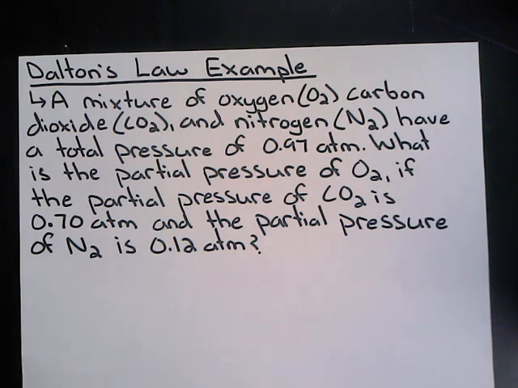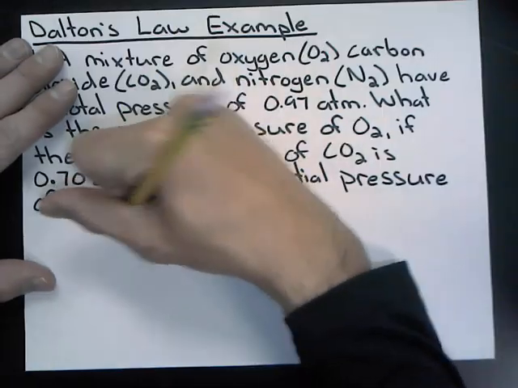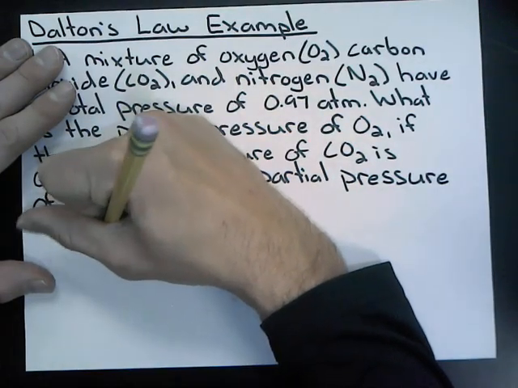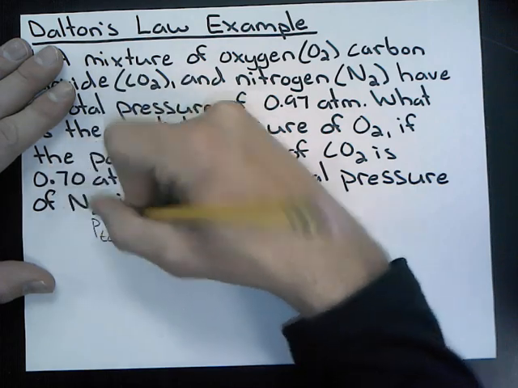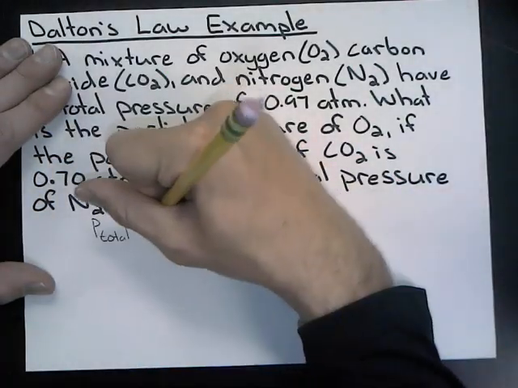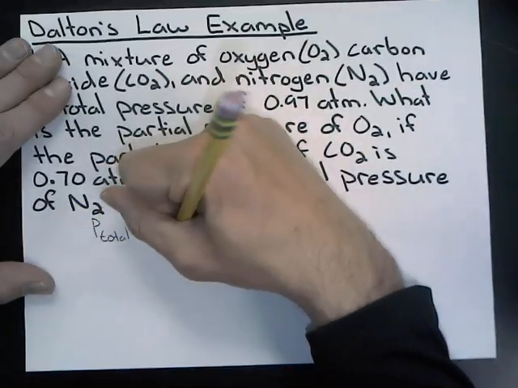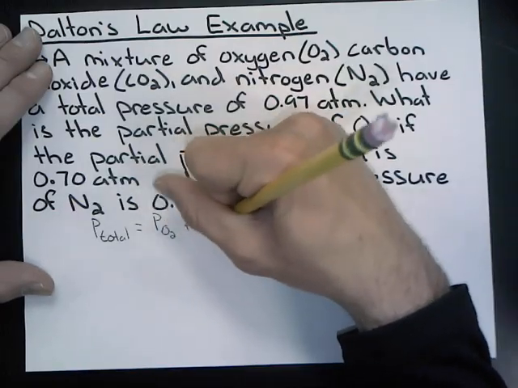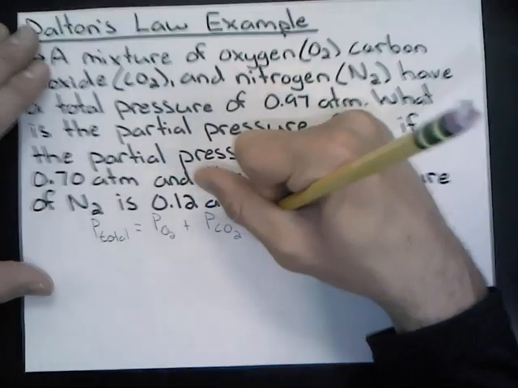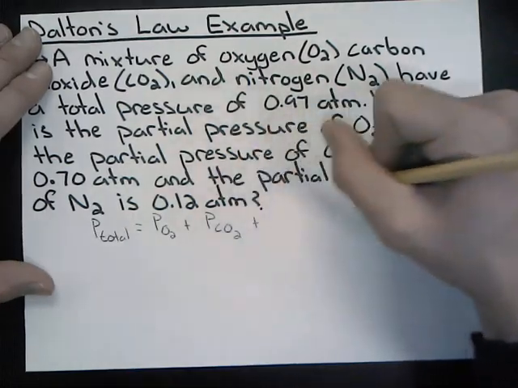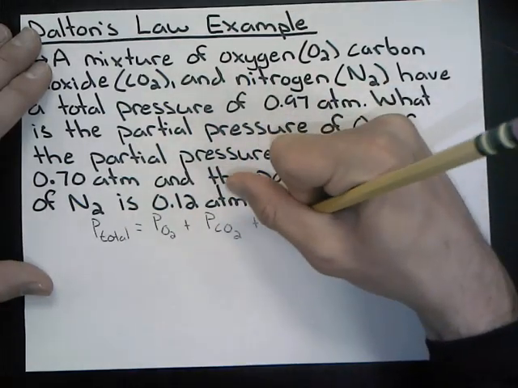So the first thing that we must do is establish our formula. In this case, the total pressure, P total, is equal to the pressure of oxygen plus the pressure of carbon dioxide plus the pressure of nitrogen.